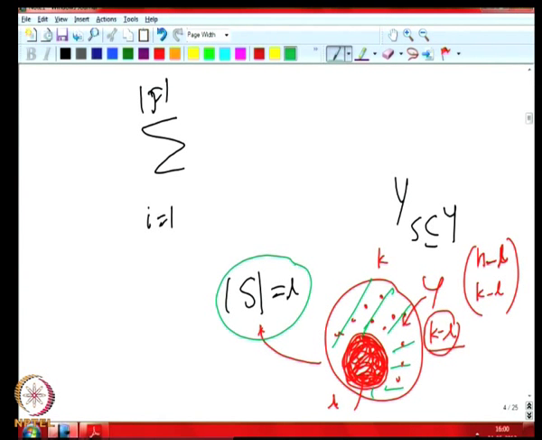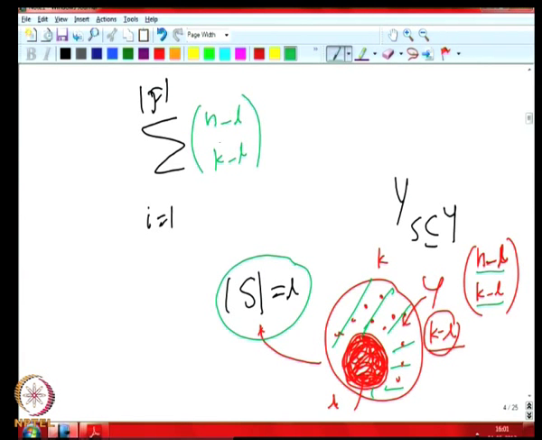Why n minus L? Because the total number of elements in the universe was n, but this particular L elements we kept apart, they are already gone, right? We cannot select those again. So out of the n minus L remaining things, you have to select K minus L of them. So that is the same for every L element subset. So the number of ones you see in each row will be equal to n minus L choose K minus L.